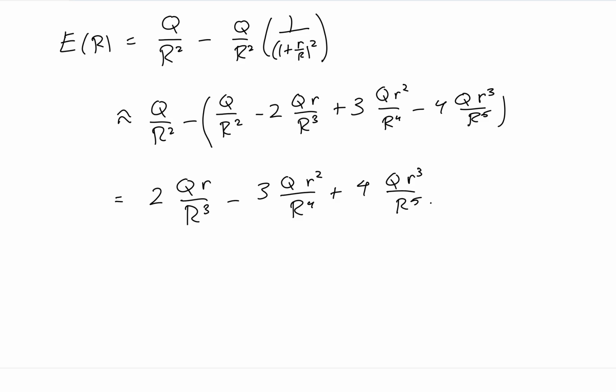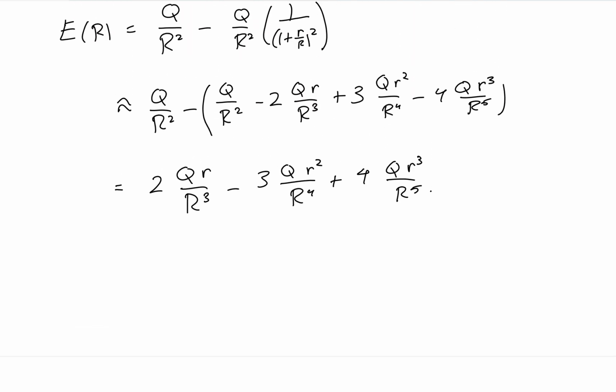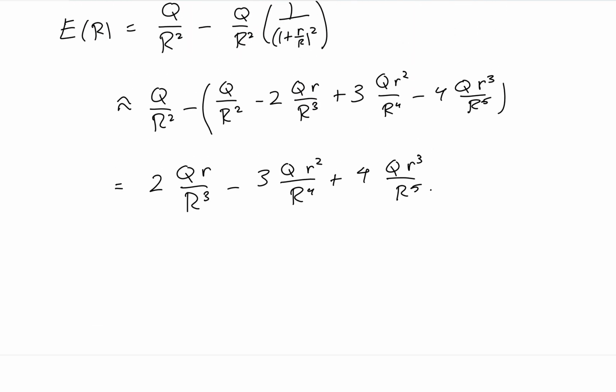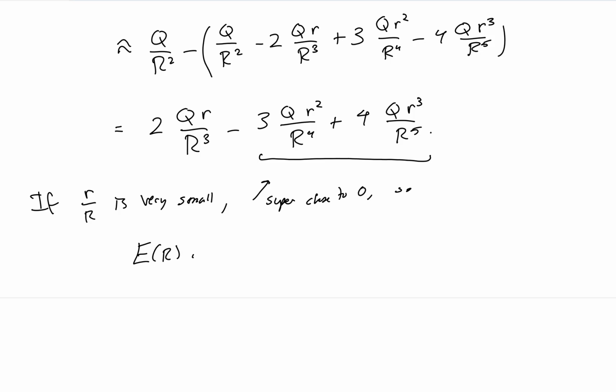So that's a good approximation for E, the electric field, as long as little r is very small compared to big R. But now we can say if little r over big R is very small, well, then these extra terms here, these are super close to 0. So in that case, E of r is approximately 2qr over R cubed, which is 2qr times 1 over R cubed.